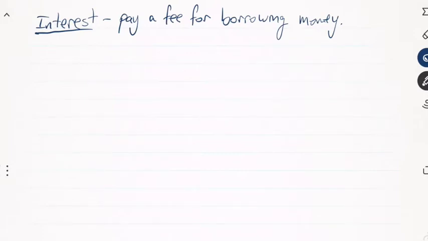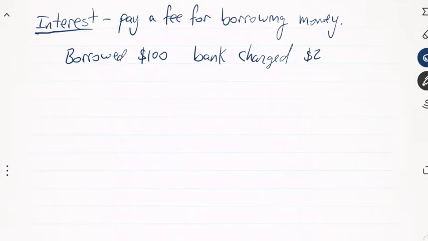So borrowing money and saving money are technically just two ways of looking at the same thing. All right, so you're going to pay a fee to borrow money. So if you had just a flat fee, like, you borrowed $100 and the bank charged $25 to borrow this money, it makes sense if they got their money back pretty quickly.